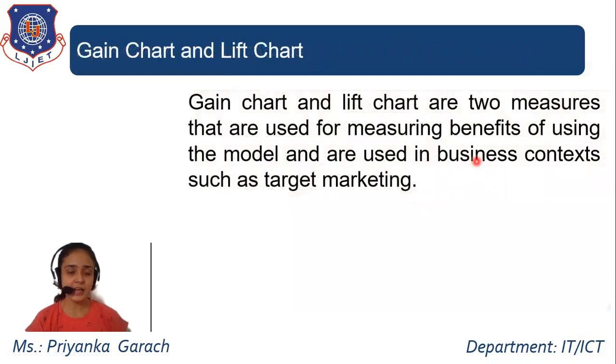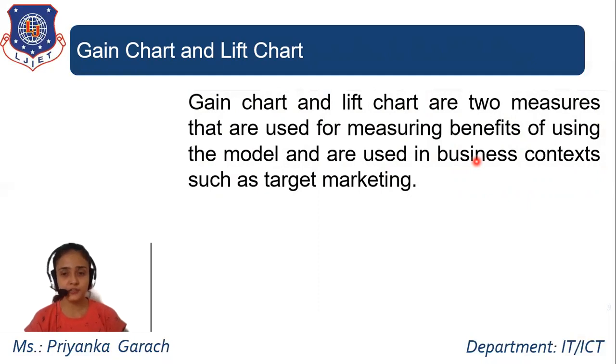Now let's understand the gain chart and lift chart in the logistic regression model. So we have seen in the classification how the classification is measured, how it is judged, whether it is a good decision tree or not. So over here in the logistic regression, if you want to measure how good the logistic regression is, then the gain chart and the lift chart are also useful.